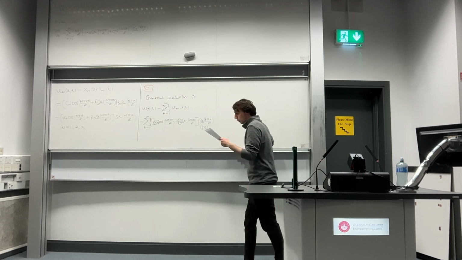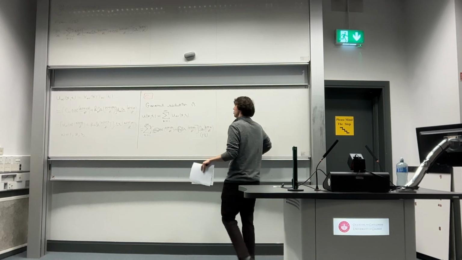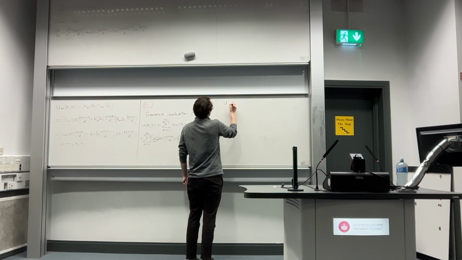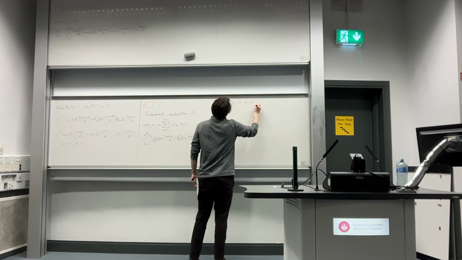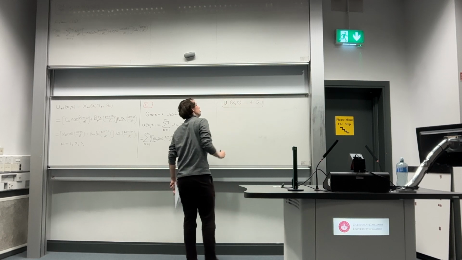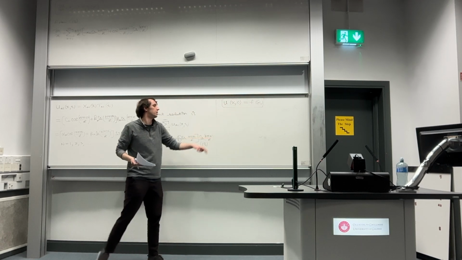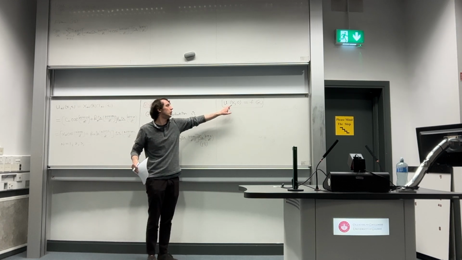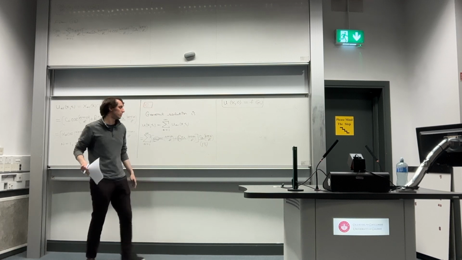So if you look back at initial condition 4, that told us that u of x, 0 is equal to f of x, where f is just some prescribed function. So what we want to do is impose this initial condition in equation 13. To do that, we need to evaluate u at time t equal to 0.